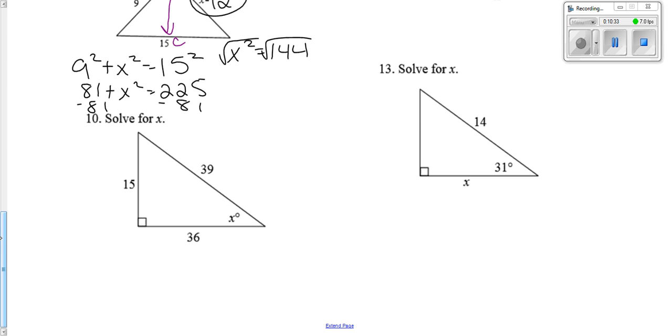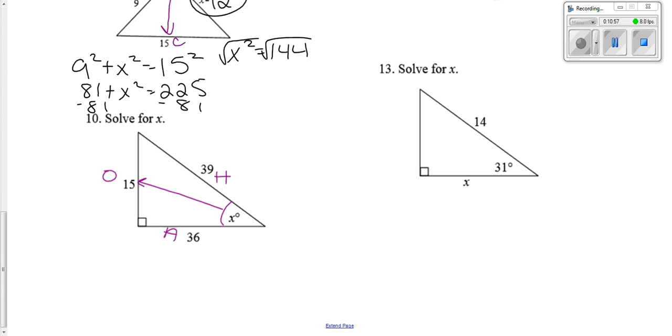Number 10, this one I'm going to use trig for. I want to solve for x, so I have a bunch of different things I can use here. So I know 15 is my opposite, 36 is my adjacent, 39 is my hypotenuse. I'm going to solve this using sine, cosine, and tangent because you can use any of them. You don't have to do all three.